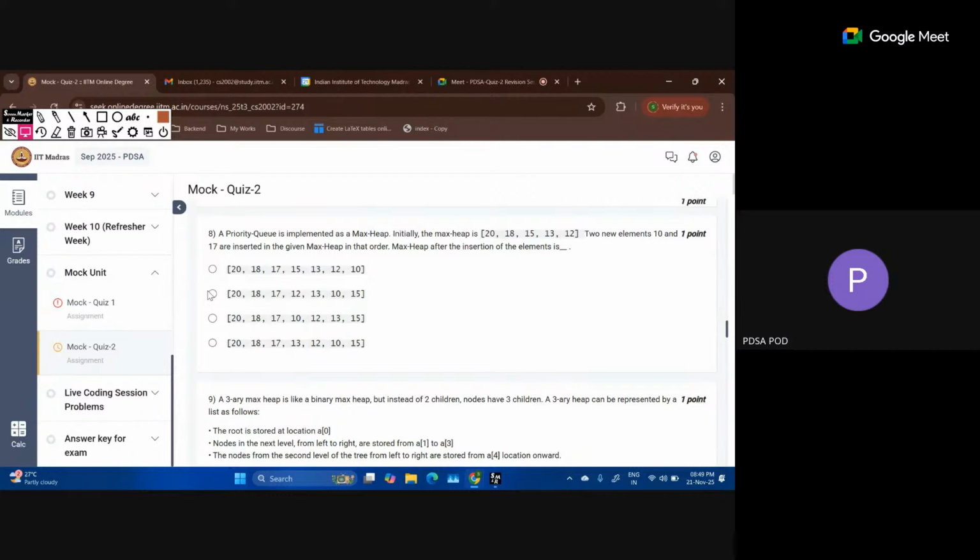The algorithm, the pseudocode, is given to you. Just use the step-by-step process of the pseudocode. Think you are the computer and try to solve this particular problem: construct the max-heap, this is the max-heap given to you, then insert these two elements into it. Use that algorithm step by step, and then see what happens.